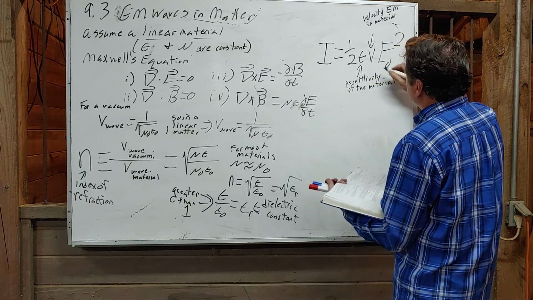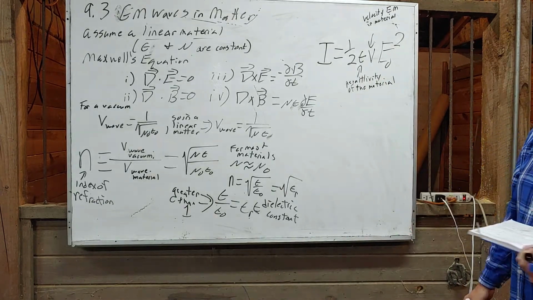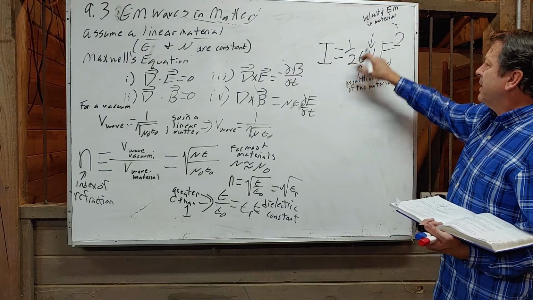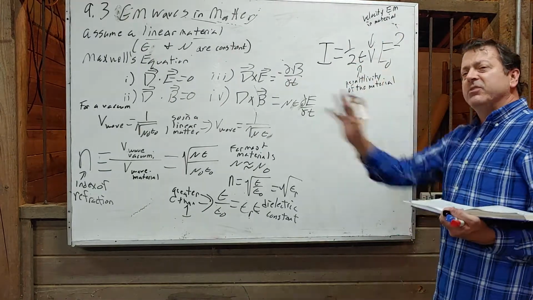It really just changes the ratios. The concept is the same. The intensity is still a function of the electric field squared, but the magnitude will depend on how much it's slowed down and how much the material just lets go through.